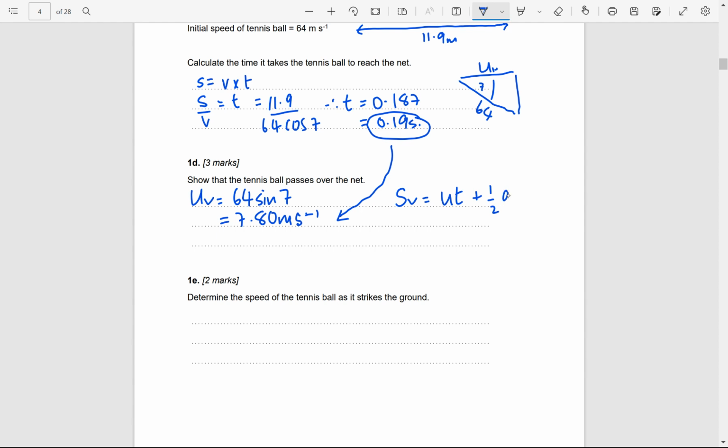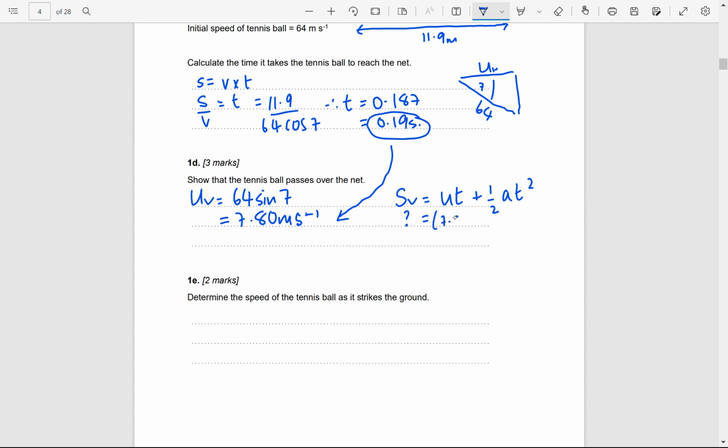S equals ut plus half at squared, and I'm going to sub in. We don't know S, so how far is it going to fall?